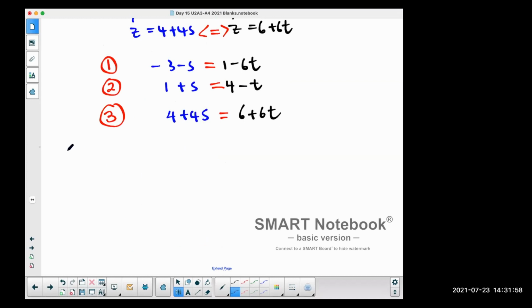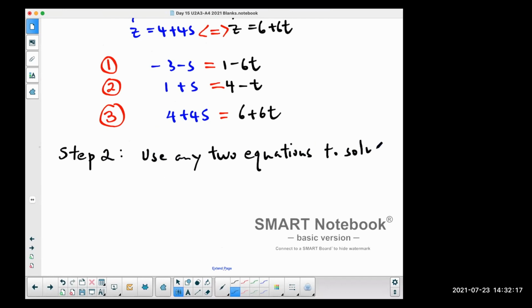And if you did really well in grade 10, you know that in order to solve 2 variables, you need 2 equations. So use any 2 equations to solve for s and t.